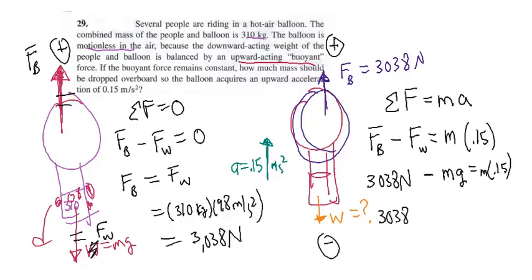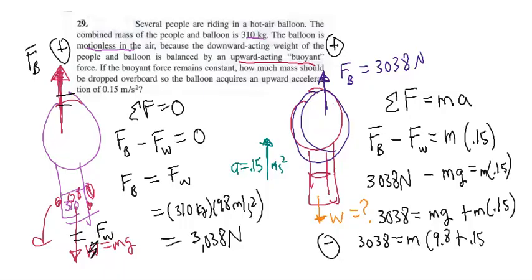So 3038, and we're going to add mg to both sides, equals mg plus m times 0.15. And then we're going to factor out the m, and I'm going to turn g into 9.8. Oh, you know what? I didn't do that out individually.